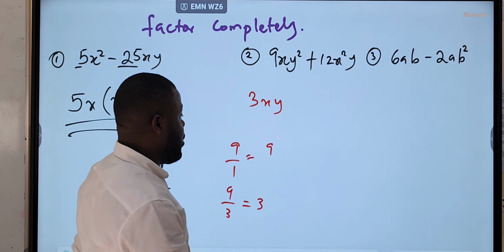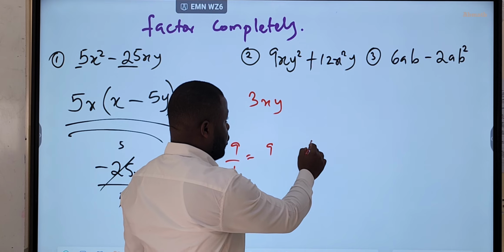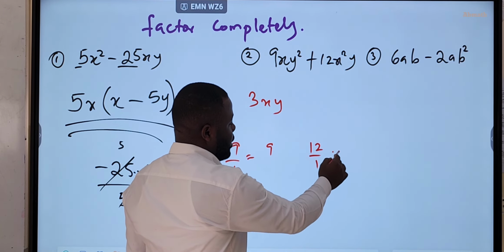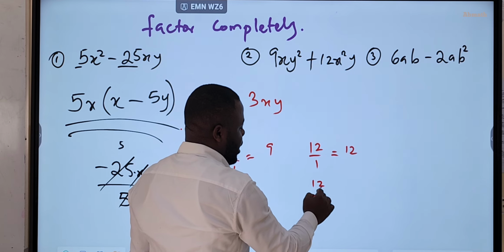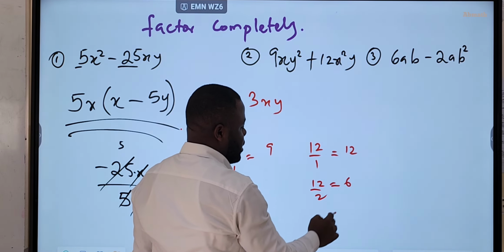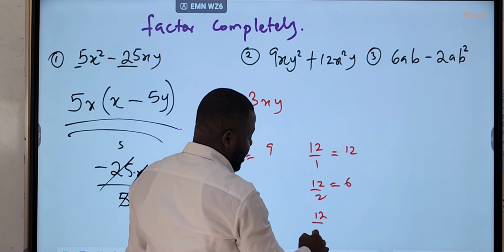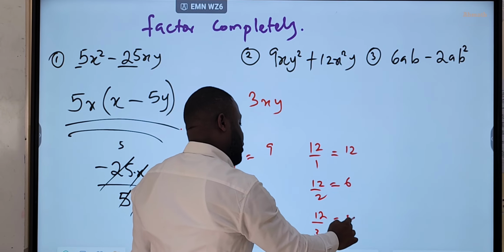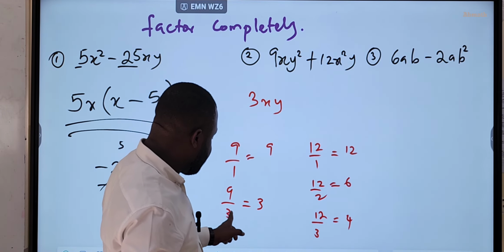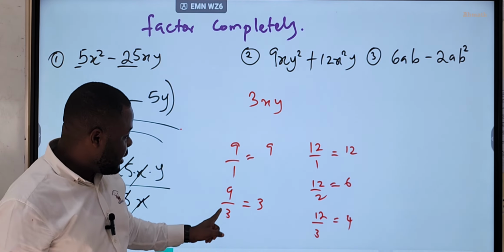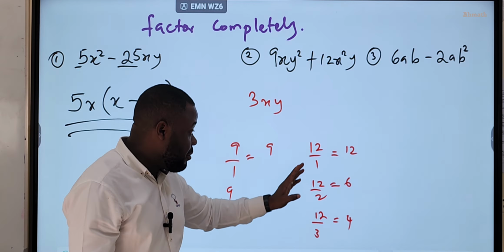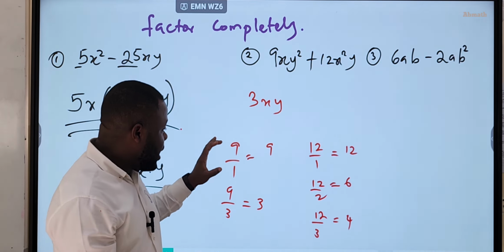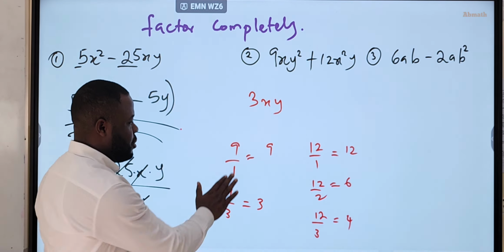So you go to the second one. 12 divided by 1 is 12. 12 divided by 2 is 6. 12 divided by 3 is 4. You can see it's 3, 3 can divide both. So 3 can divide 12 without remainder, and 3 can also divide 9 without remainder.